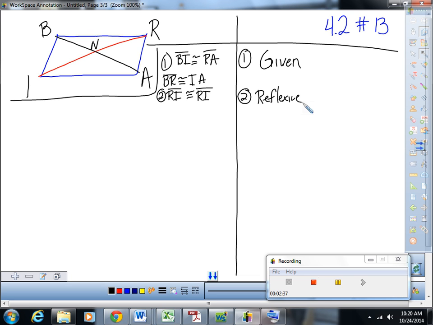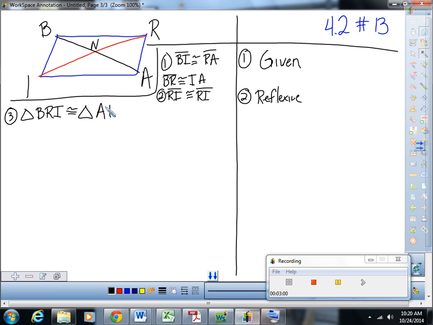Then we could say that triangle BRI is congruent to triangle AIR.